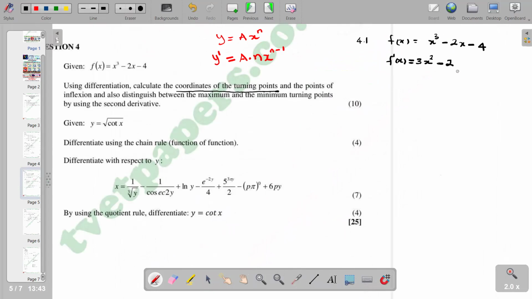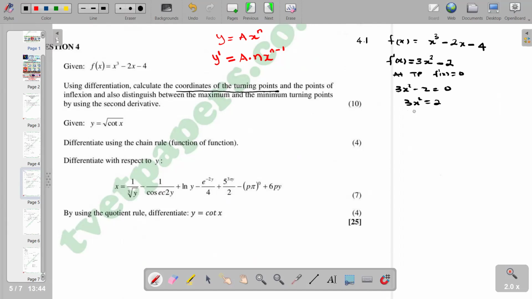This becomes our derivative. Then we have to know that at turning point, the derivative is equal to 0. So we have to equate that to 0. Our 3x squared minus 2 is equal to 0. Therefore, our 3x squared is equal to a positive 2.